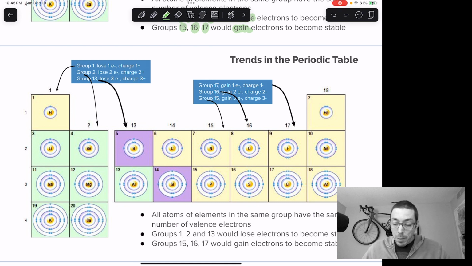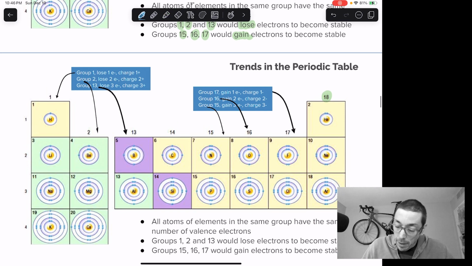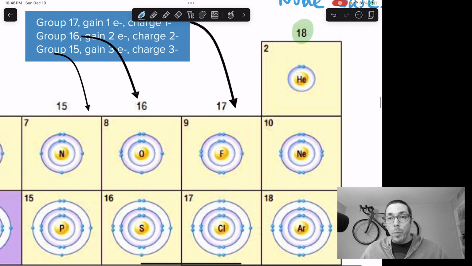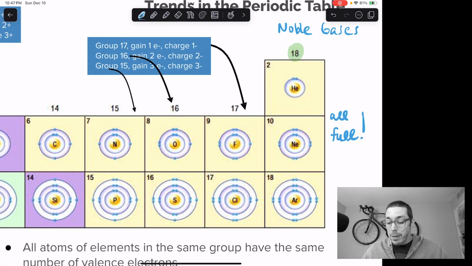And we have skipped over group 18 here, and you probably know why. Those are the noble gases, and if you look at their valence shell, they're already full, right? Helium can only have 2 in its valence shell, so it's full. So they're all full. That means they don't need to gain or lose any electrons to become more stable.